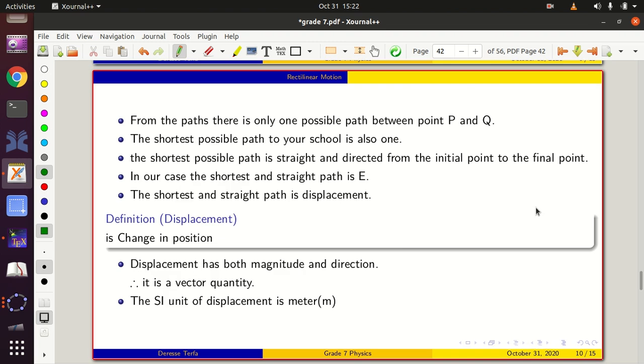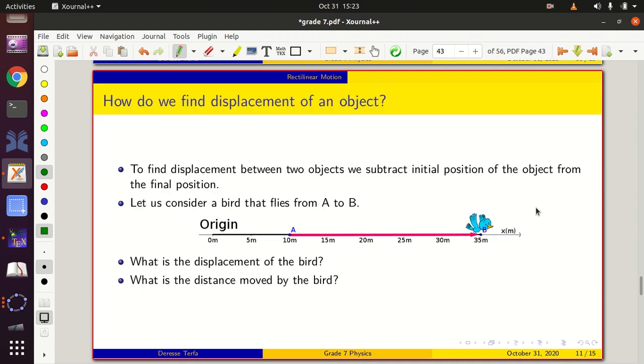That path is what we call the displacement of the object. Therefore, we define displacement as change in position. Displacement has both magnitude and direction, because the direction is specified and the magnitude is already known. Displacement is a vector quantity, and the SI unit of displacement is meter, just similar to distance.